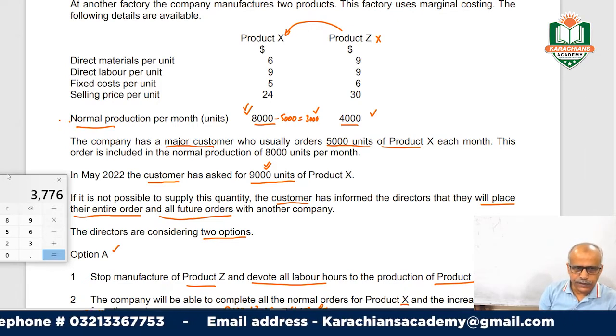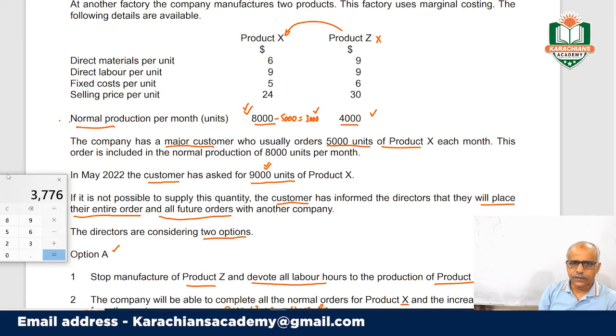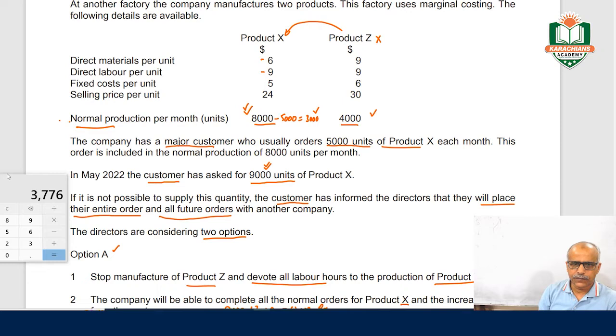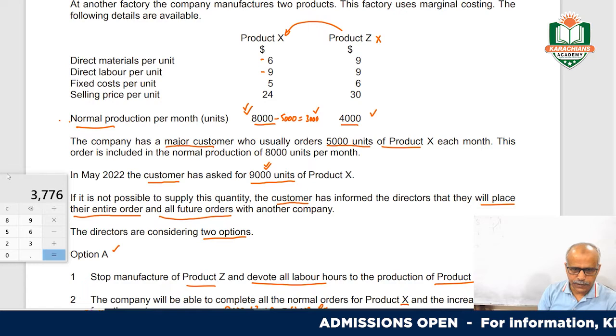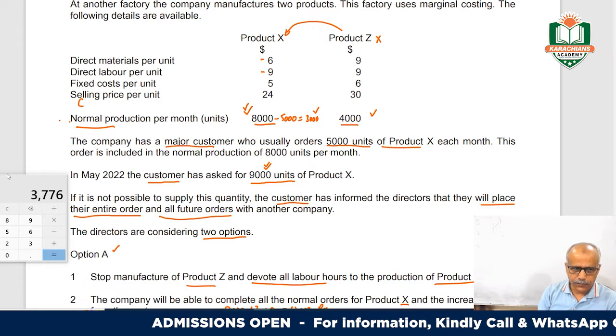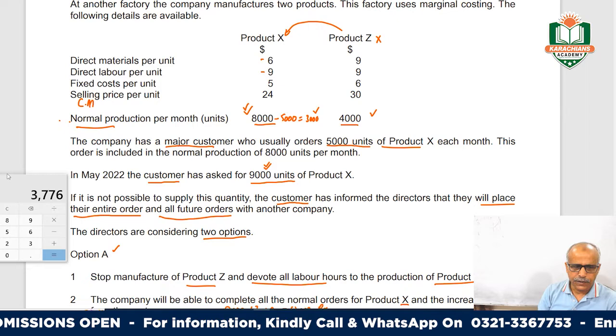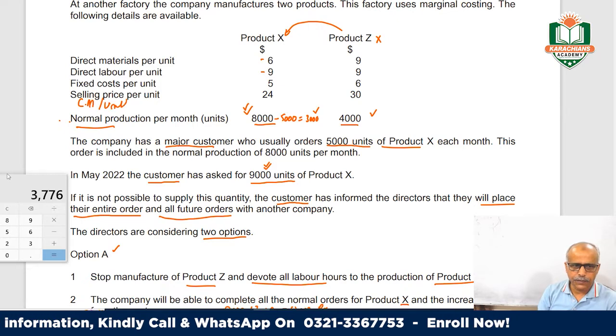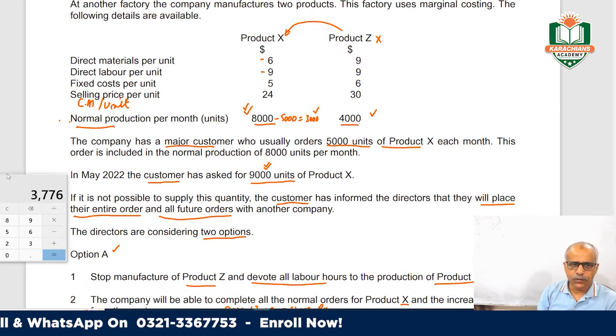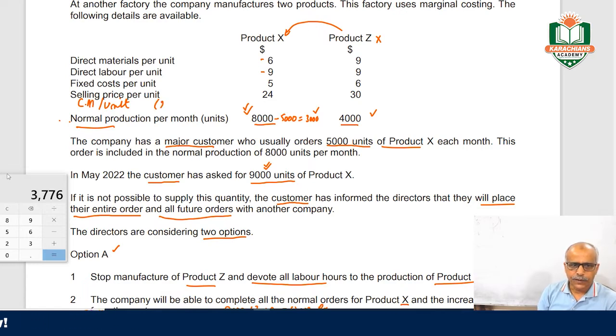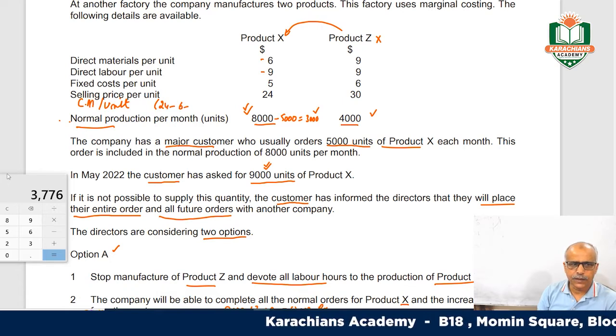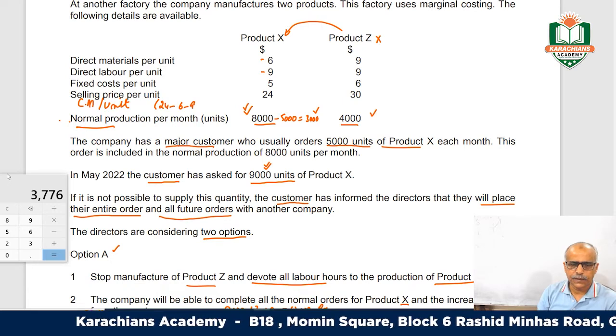First of all, what we have to see: this is direct cost, this is direct cost, this is fixed cost. This is the selling price. If I want to work out the contribution margin per unit, the contribution margin for 1 unit would be 24 minus direct cost 6, labor 9.